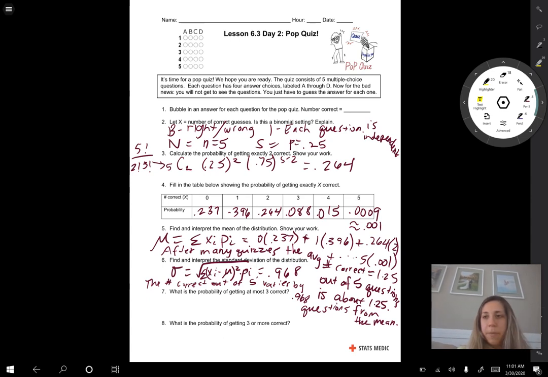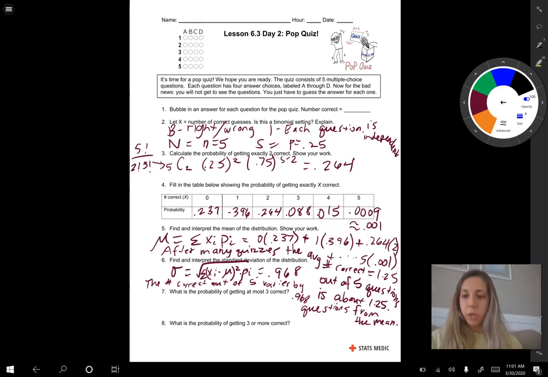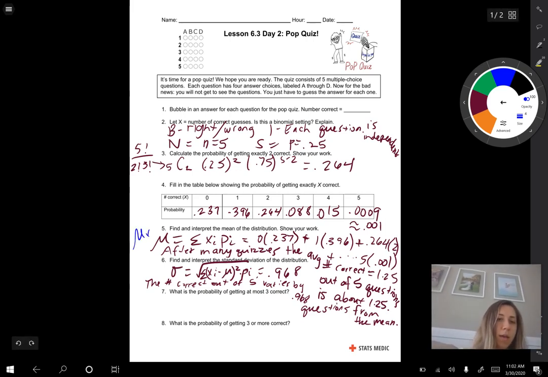There are ways that we can do this using a lot shorter methods because these are binomial distributions. So because of that, you can actually find that the mean would just be n times p, which n here is 5, p here is 0.25, 5 times 0.25 gets you 1.25.